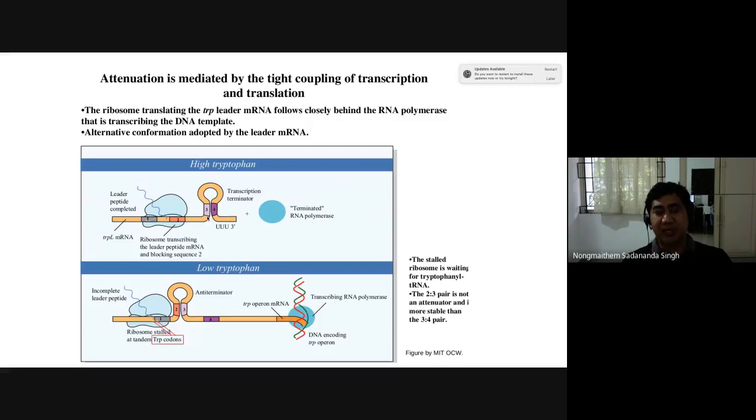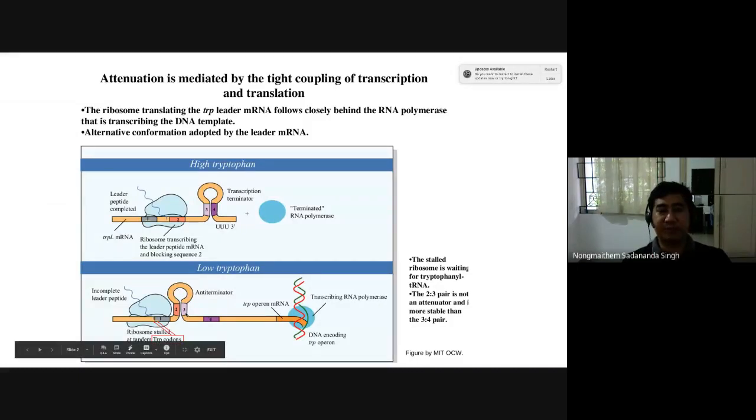But depending on the translation rate, it will decide whether the loop which is going to form is either the 3-4 stem loop structure or the 2-3 stem loop structure.